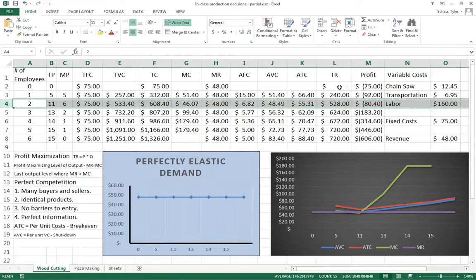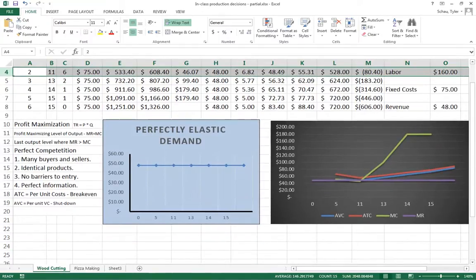Okay. So one of the parts of the reading lays out that idea of the short run supply curve being the marginal cost curve above the lowest point of the average variable cost curve. And the reason we say that the marginal cost curve becomes the supply curve is because we produce where marginal revenue equals marginal cost.